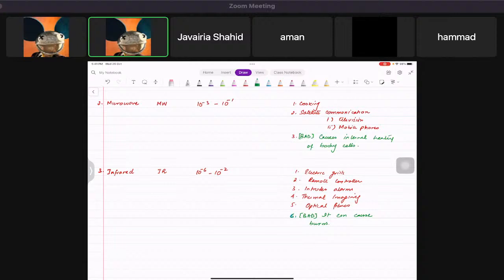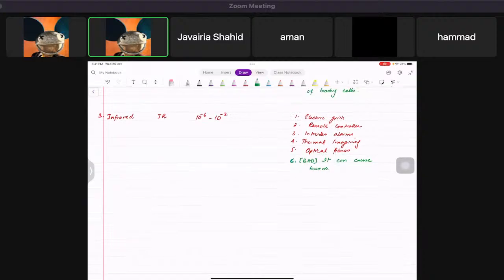I hope that's clear. Now comes visible light. Visible light has no symbol really, we just write light for this. So this is the most important range that you remember. 4 into 10 raised to power minus 7 to 7 into 10 raised to power minus 7 meters is the range of this itself.